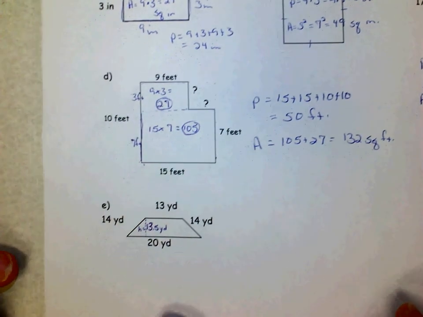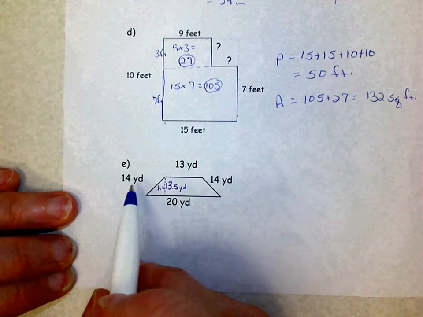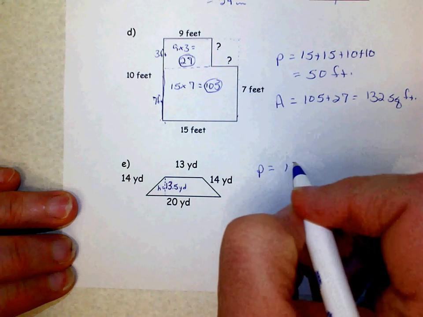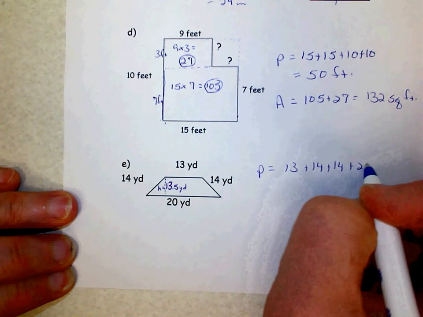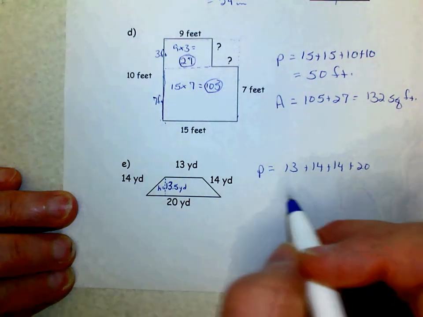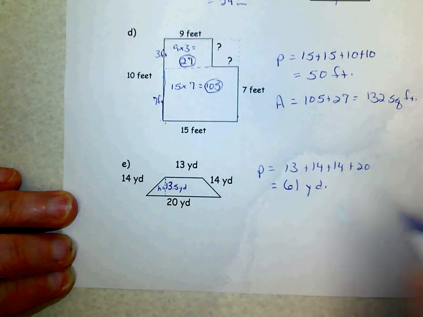Now, for the last one, for perimeter, just add up your sides. So 13 plus 14 plus 14 plus 20, and I'm going to cheat. That gives us a total of 61 yards. Now area.